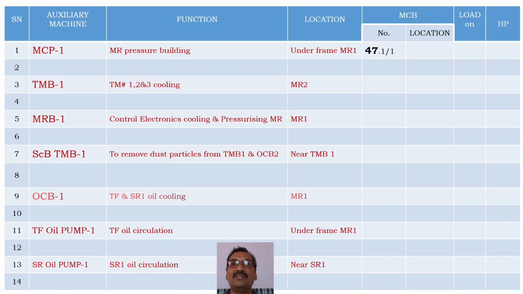And what are these MCBs? The MCBs are given for controlling the current flowing to the machines. They are denoted with numbers like this: 47.1 by 1, 47.1 by 1, 53. You see, they are all in ascending order.